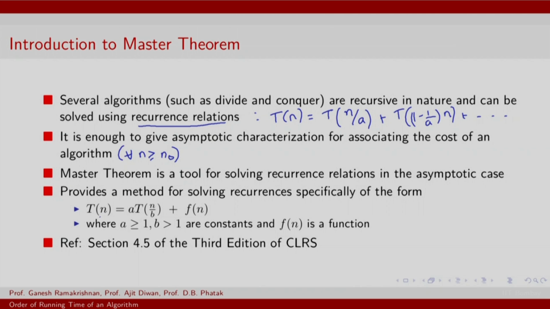More specifically, if T(n) is of the form a times T(n/b) plus f(n), where a and b are constants greater than or equal to 1 and f(n) is a function, you could invoke the master theorem to solve. For more details of the master theorem, you could look at section 4.5 of the third edition of CLRS.